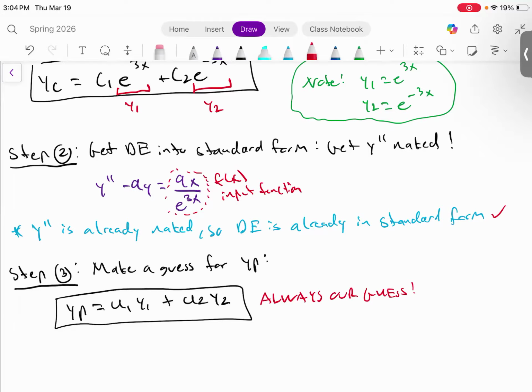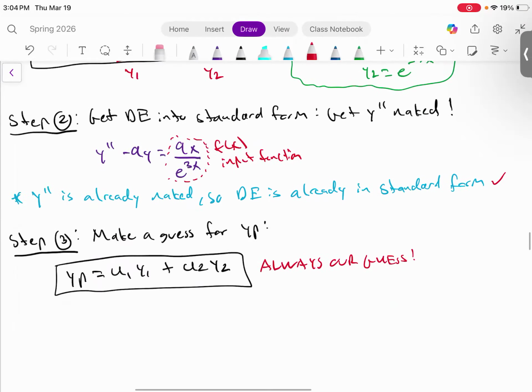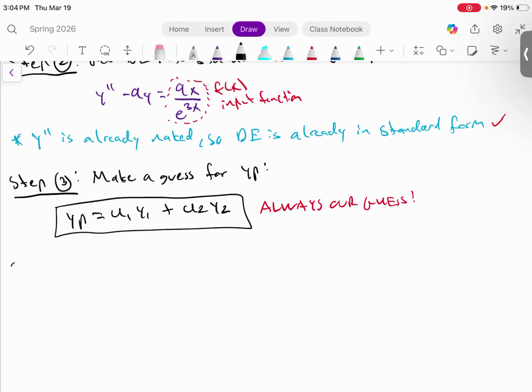Okay, so let's get into getting u1 and u2 now. So here we go, step 4: get u1 and u2.